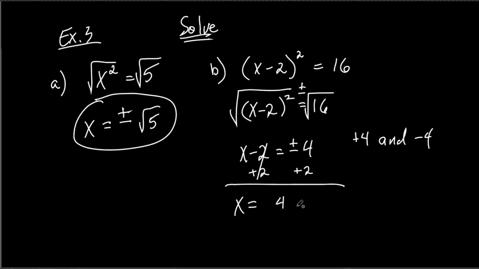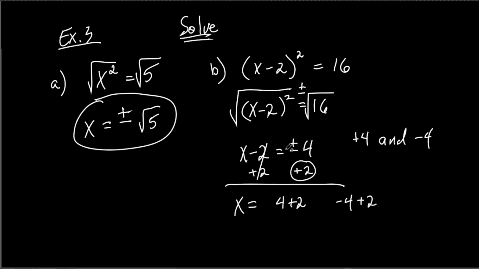We're going to go 4 plus 2, and then we're going to go, no, we're not subtracting 2. We're taking negative 4 plus 2, right? It's not the same thing. 4 plus 2 and negative 4 plus 2 is not the same thing. It's not 4 minus 2, and it's not negative 4 minus 2. It's negative 4 plus 2.